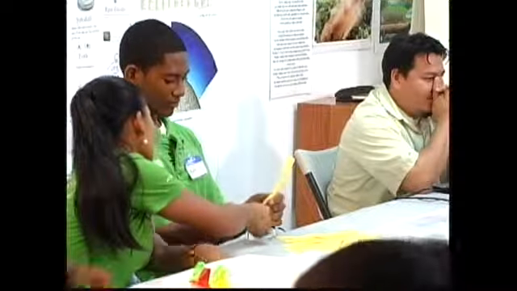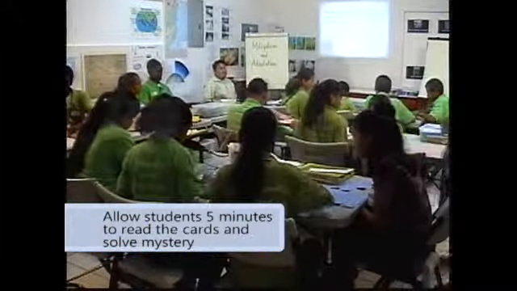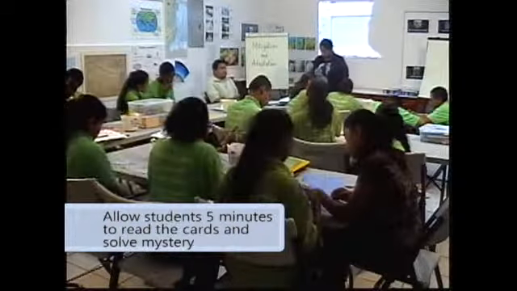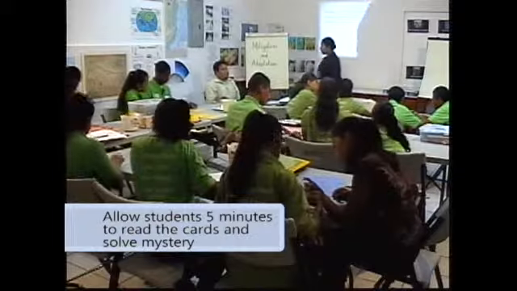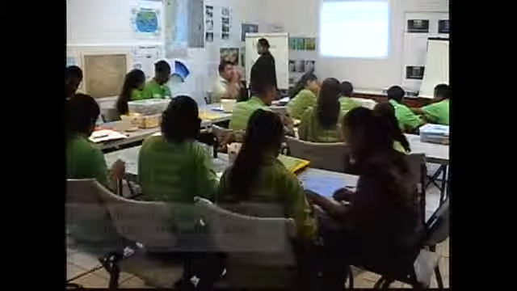You will not get perfect sequential order, but by reading all of them, you'll be able to come up with the answer to why Runa had to close down her stall. Okay, time is up. Let's listen to what Glenda has to share. Glenda, let's hear your sequential order.